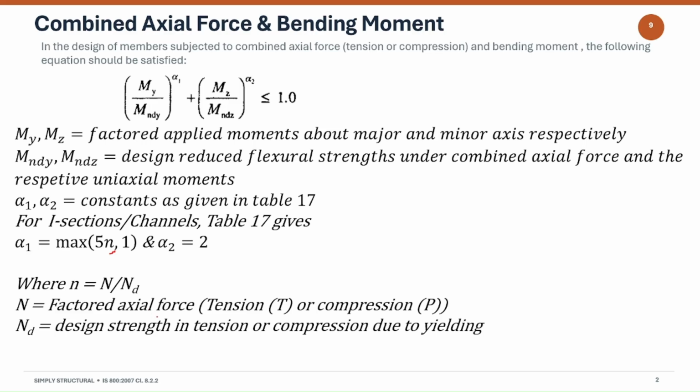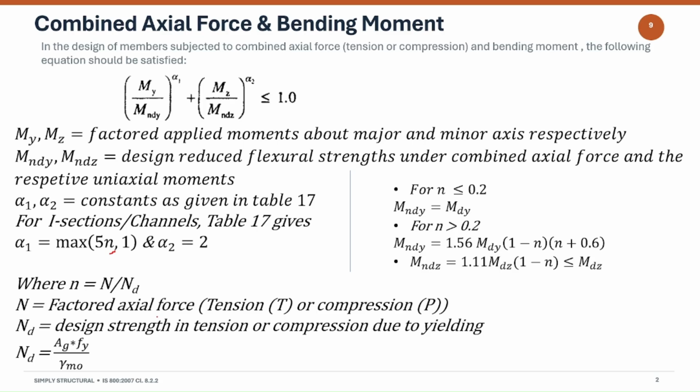N is the factored axial force, it may be tension or compression, and Nd is the design strength in tension or compression due to yielding. What is Nd? Design strength of the beam in tension or compression, given by Ag fy by gamma m0. Ag is the gross cross-sectional area.